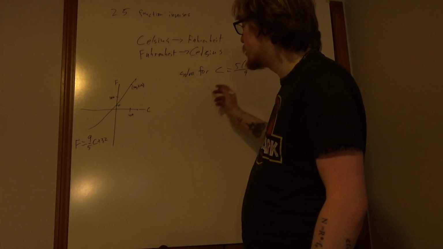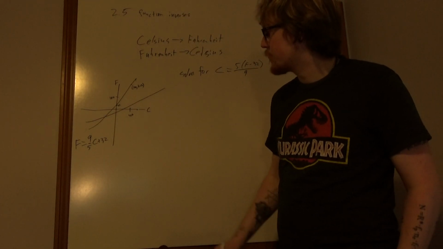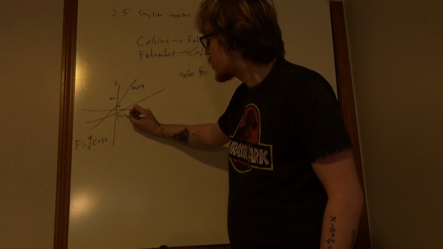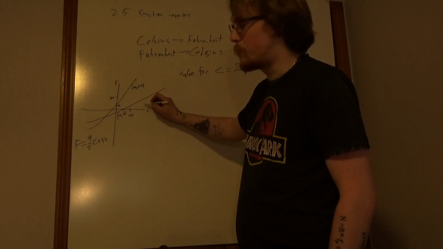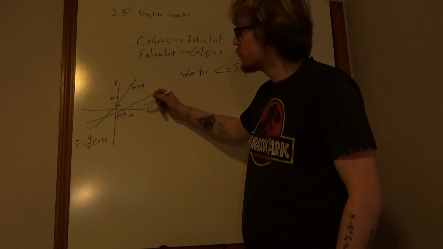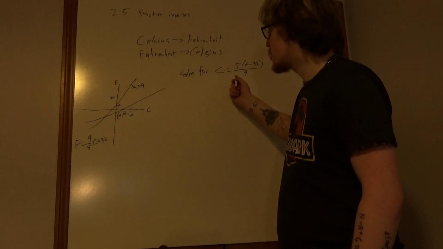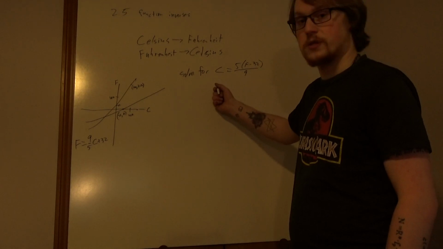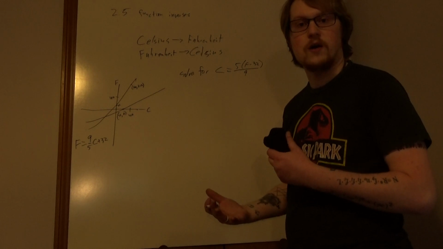And in fact, when we do this, we get something that looks like that, where this is now the point (32, 0), and somewhere over here would be the point (212, 100), sort of the exact opposite of what it was before. This equation takes an input in Fahrenheit and outputs it in Celsius, and this one does exactly the opposite. These are inverses of each other.